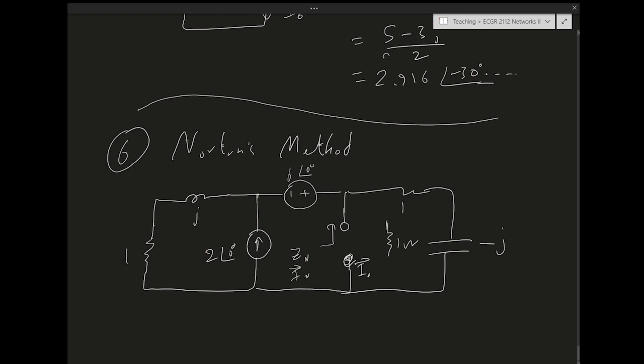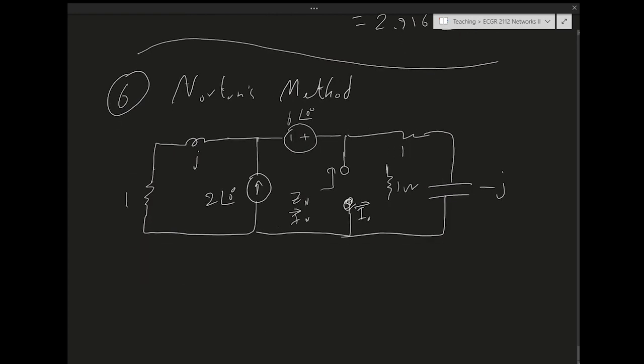Okay, to find I Norton, let me remind you, if I have the Norton equivalent circuit with the impedance Z Norton in parallel, and this is I Norton, what I have to do to find I Norton is short the two nodes. So all I need to do is apply a short circuit and find the short circuit current, and that's going to be I Norton, right?